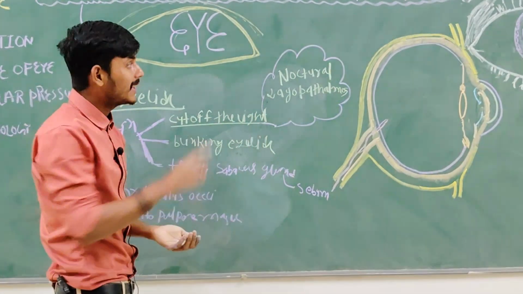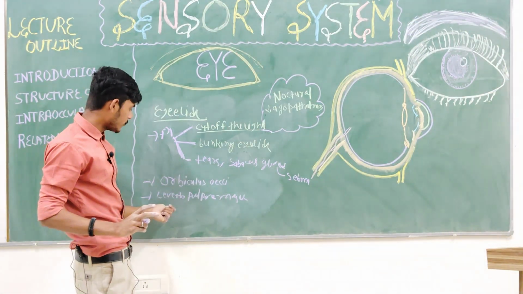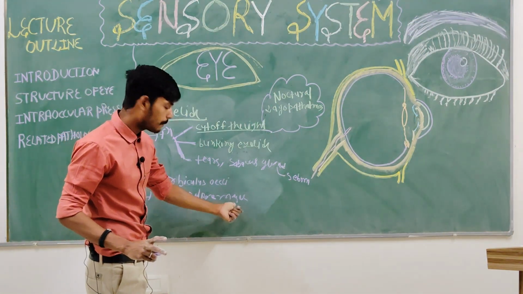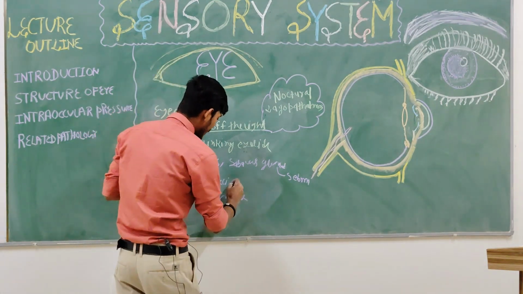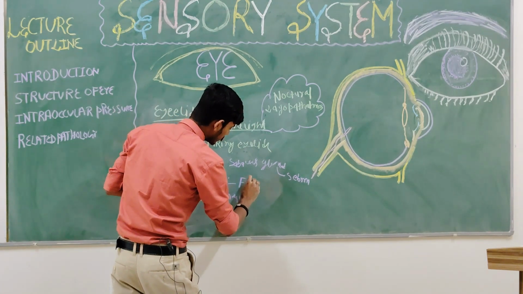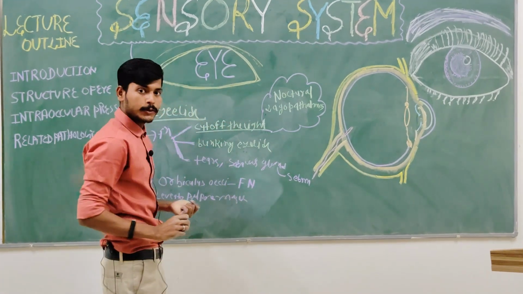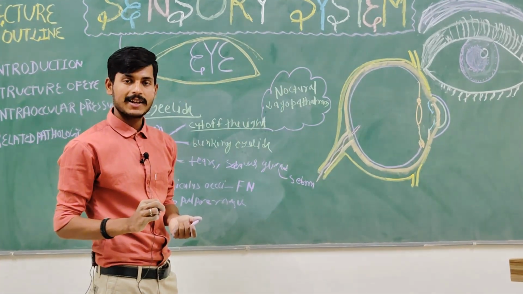And the eyelid is made up of two muscles. The first one is called orbicularis oculi, the second one is called levator palpebrae. These orbicularis oculi muscles are supplied by the facial nerve. And you know that the facial nerve has both somatic supply as well as parasympathetic supply.